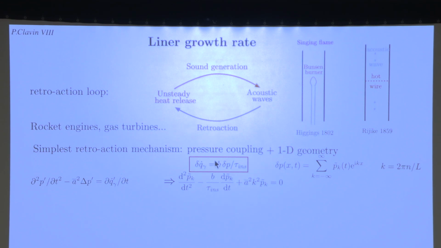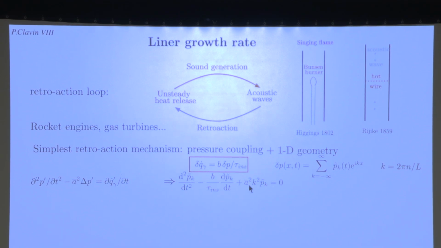Now, this term: you have the second derivative here, the heat release, which is proportional to B times this, is here, okay? Because you have delta P here, delta Q, dq theta, you are here, and the Laplacian is here.